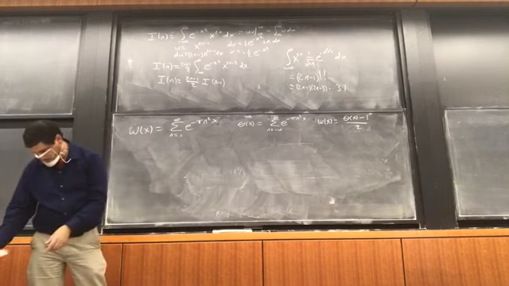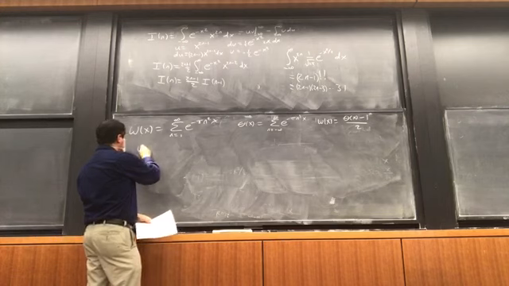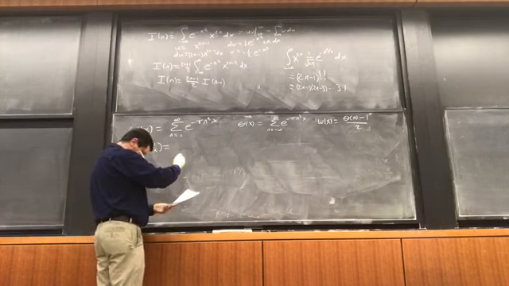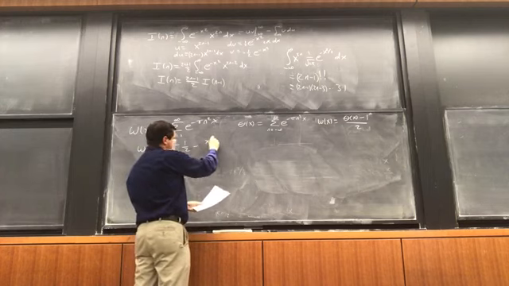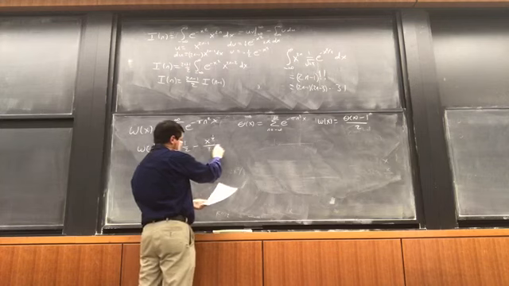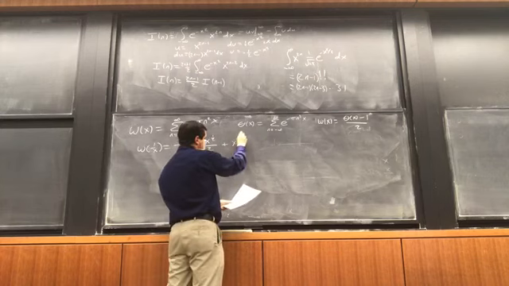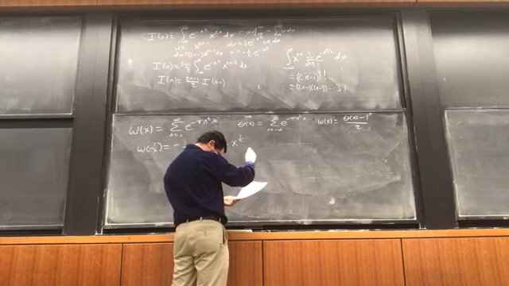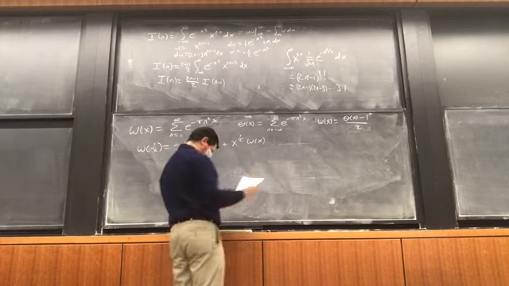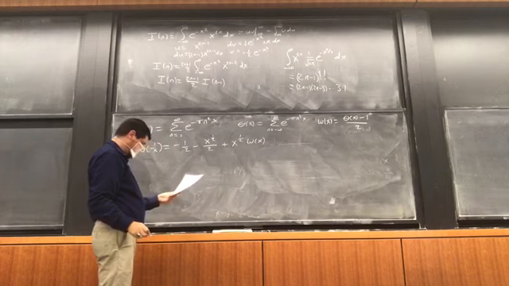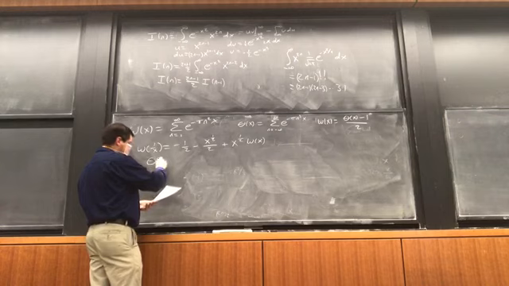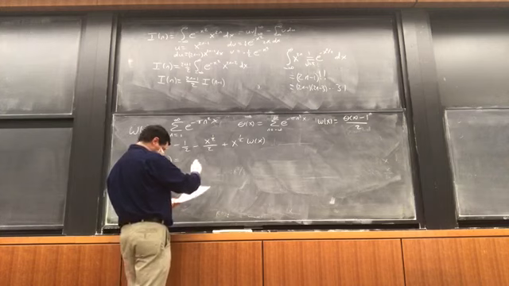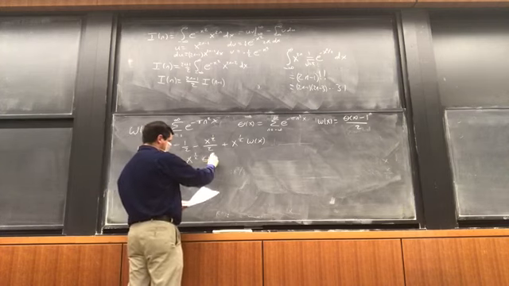So with a little bit of work, you can show omega of 1 over x is equal to negative a half minus x to the 1/2 over 2 plus x to the 1/2 omega of x. And this is coming from theta of 1 over x is equal to x to the 1/2 theta of x.